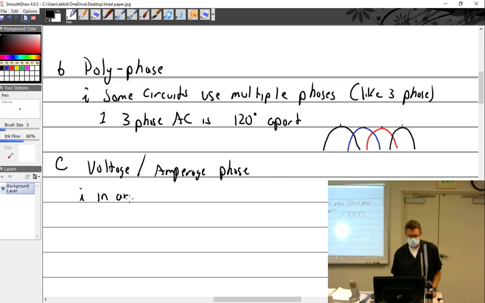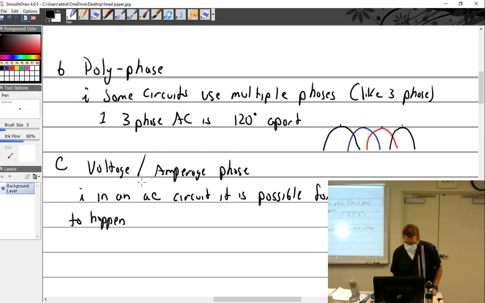So in an AC circuit, it is possible for the peak voltage to happen at a different time than peak amperage.